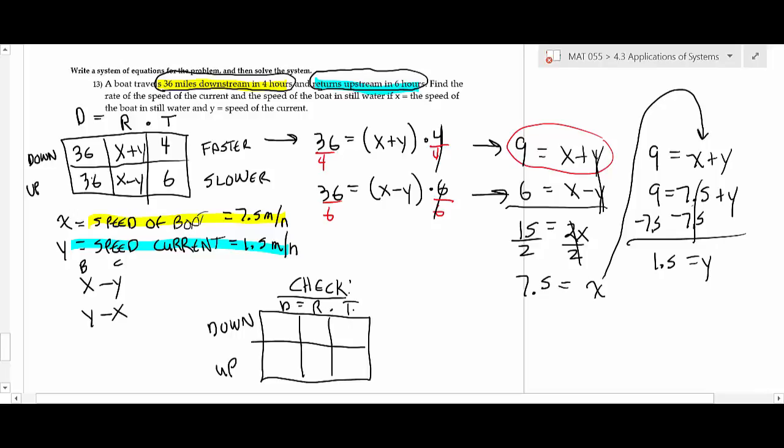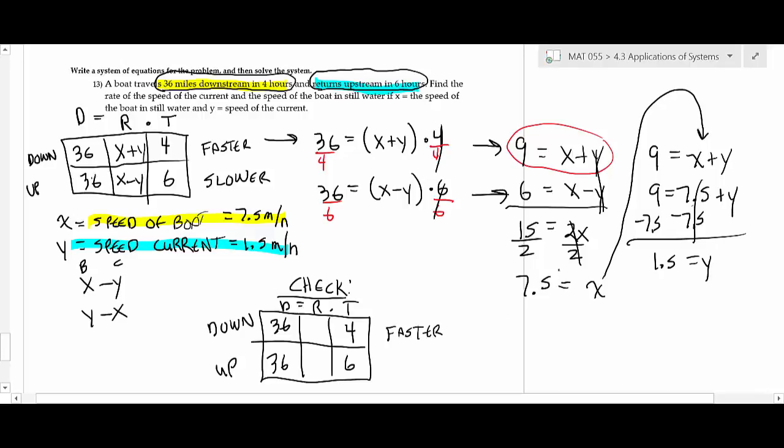We really do. So downstream the trip was 36 miles. That was given in the problem. The time it took was 4 hours. That was given in the problem. Upstream, same trip, that was given. It took 6 hours, because upstream is probably going to take longer. So what we said is if you go downstream, you're going faster.